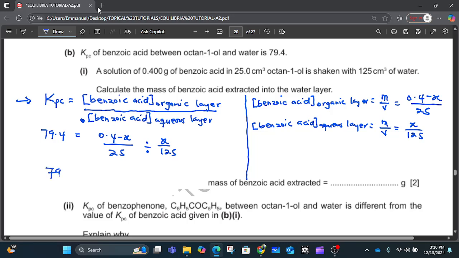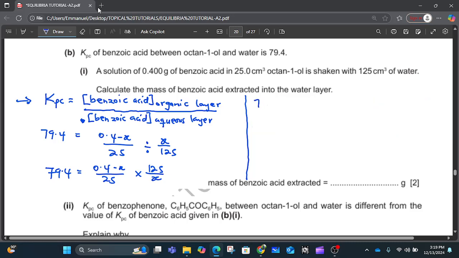So 79.4 is equal to 0.4 minus X divided by 25 times 125 over X. And this gives us 79.4 times 25 times X is equal to 125 times 0.4 minus X.